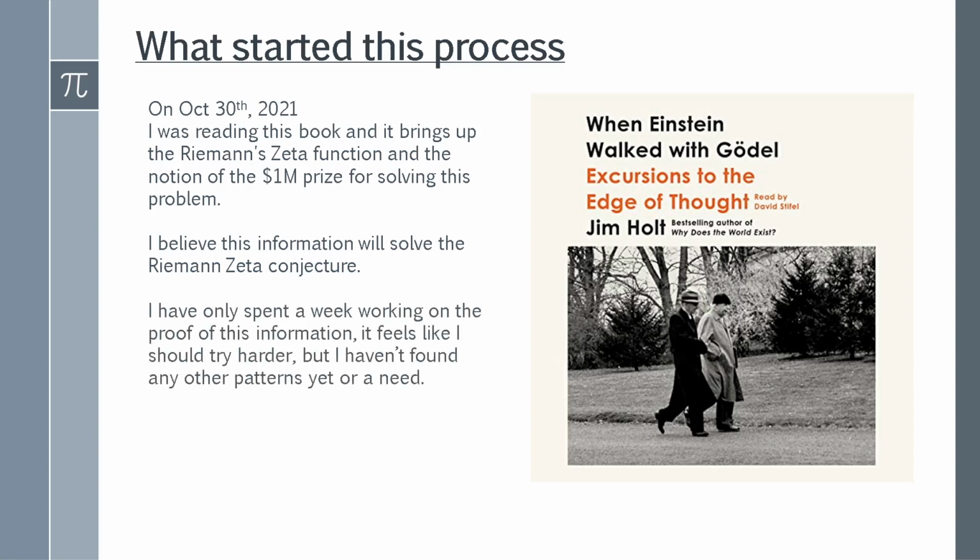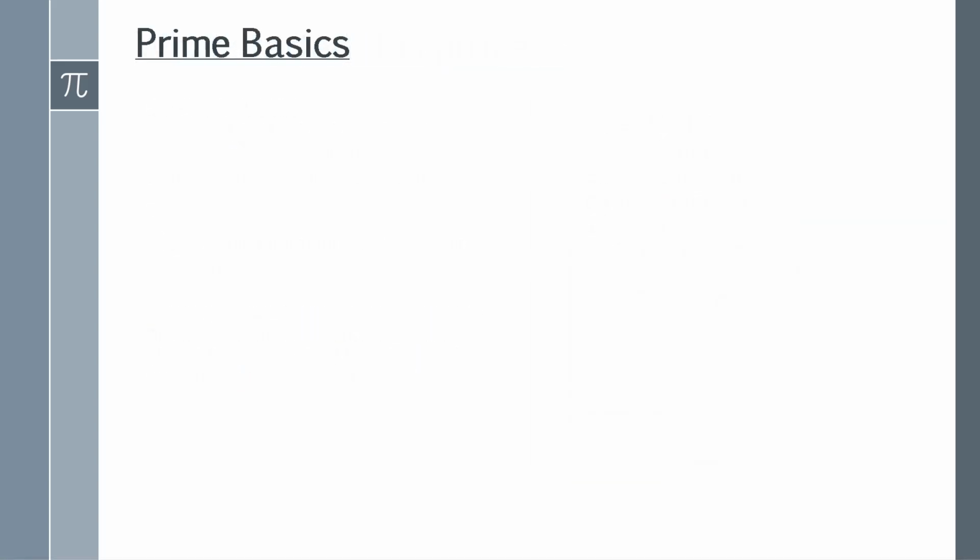Over the last week I've gathered some information that I can't find anybody talking about on YouTube. So I'm going to go through the basics as I see them real quick.